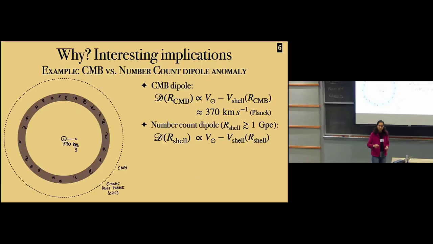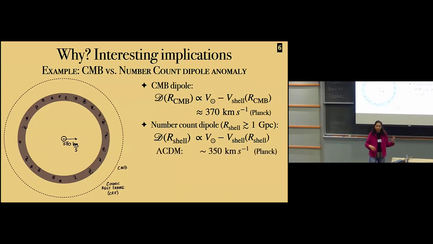For the same reason as in the motion of the sun, we also expect to see a dipole in the number count of luminous distant sources, such as quasars. And this dipole is probing the relative velocity between the motion of the sun and the shell where these distant sources lie.